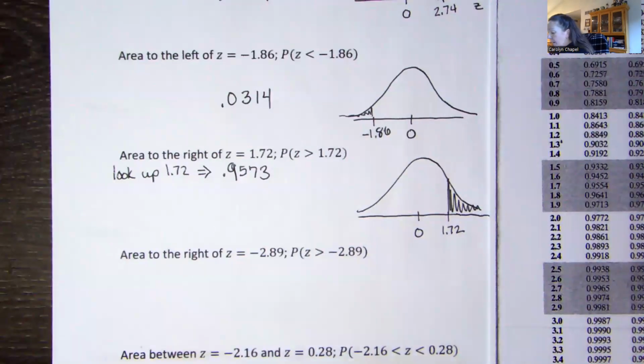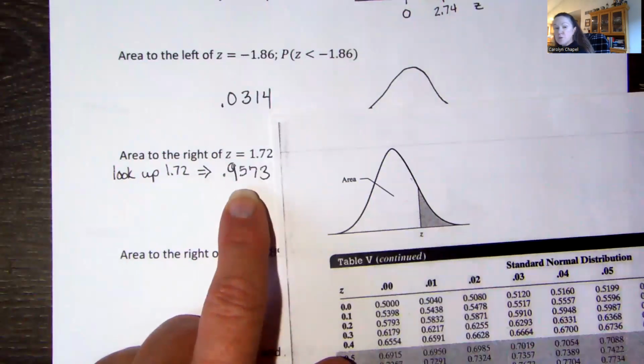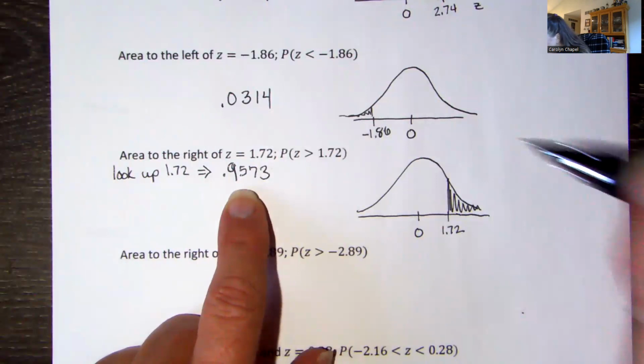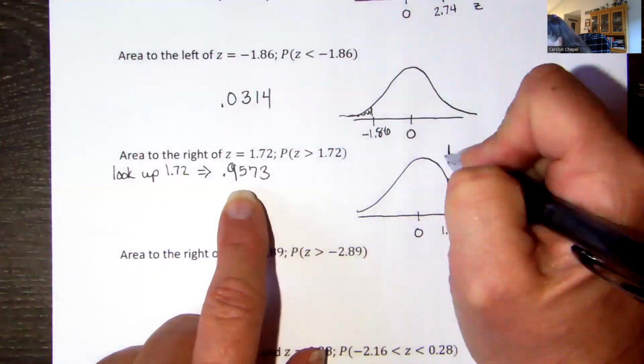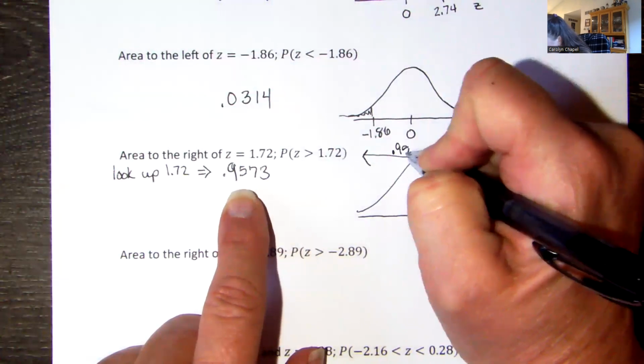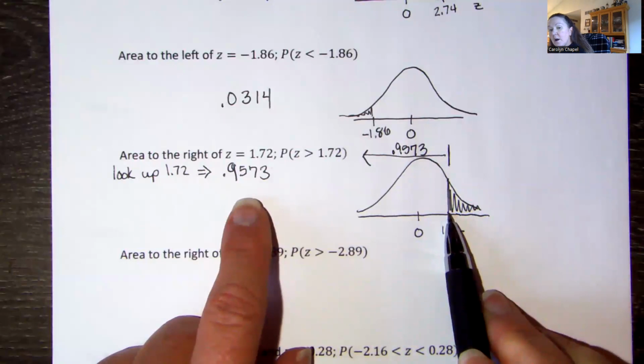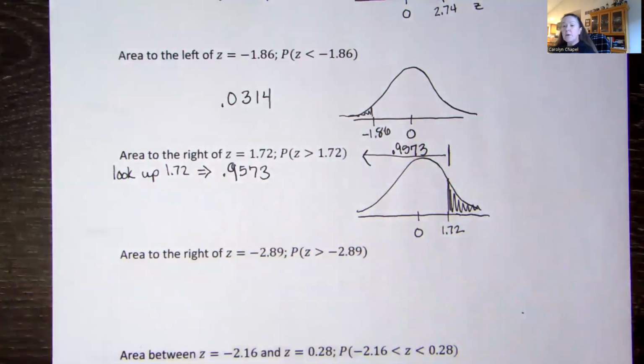Okay. But our table always gives us the area to the left. So the area from here all the way down is 0.9573. To find the area from here up, we have to remember that our total area is 1.